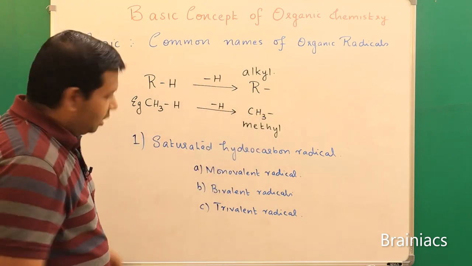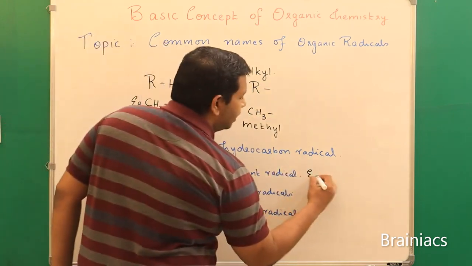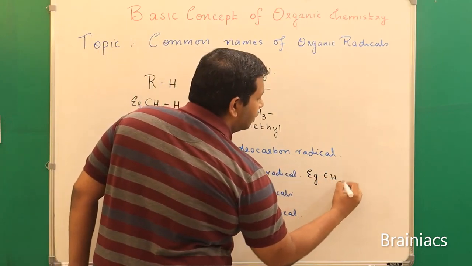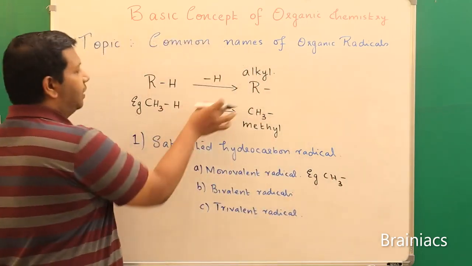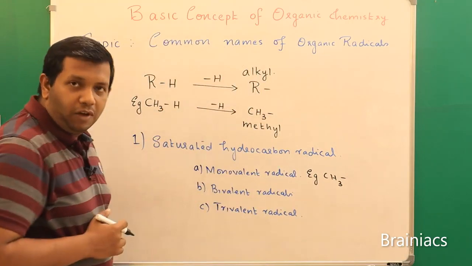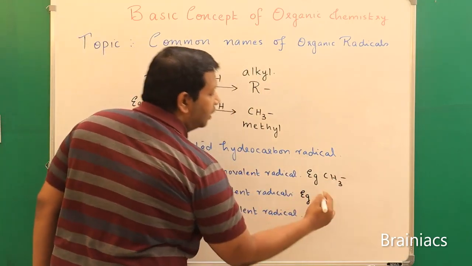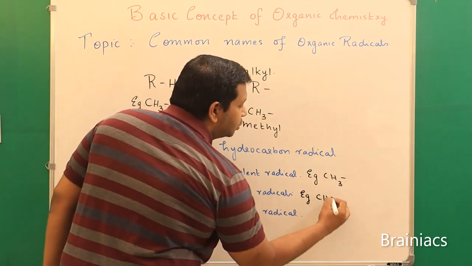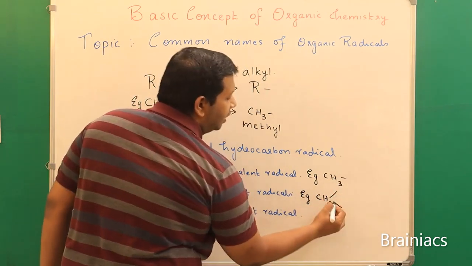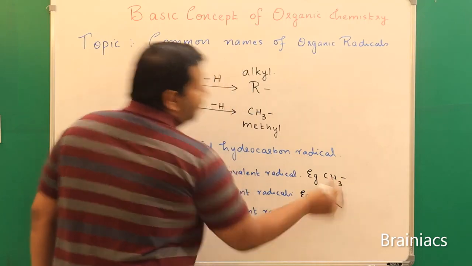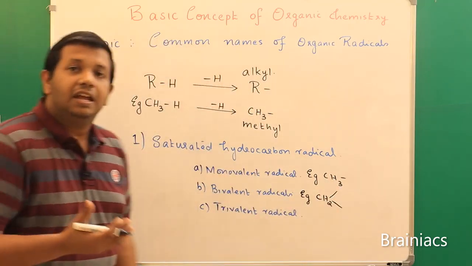This one, CH3 hyphen. That means after replacing one H you will get a monovalent radical, and if I replace one more H from this one, then this will become CH2. There will be two valencies free. If two valencies are free, we say that is what sort of radical?